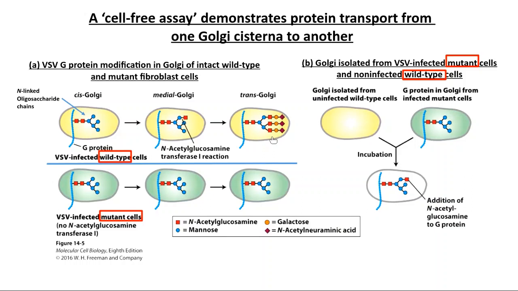So if this step doesn't happen, this won't happen. So there is no question of having this maturation here. So these maturations are very specific to individual compartments based on the specific enzymes present in those compartments, right? So in this mutant cell, since it lacks this particular transferase 1 enzyme, there is no addition of this NAG unit on the mannose residue.